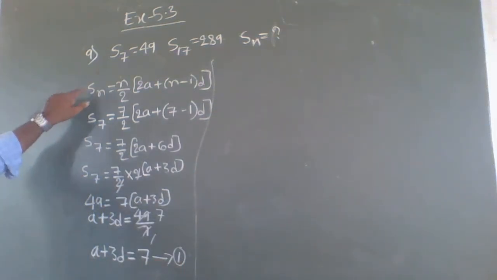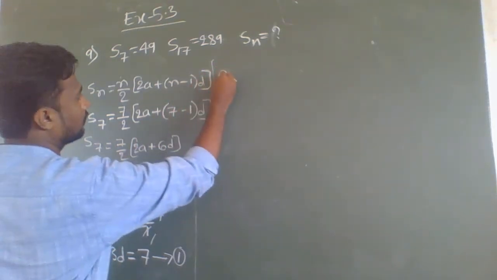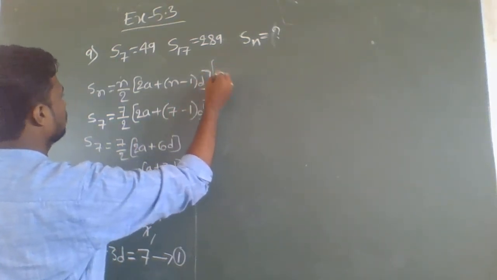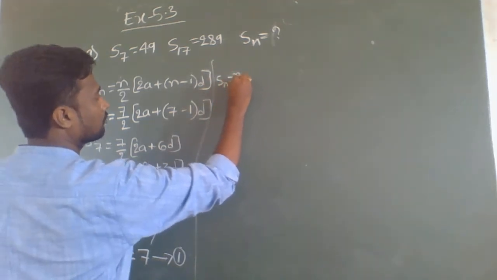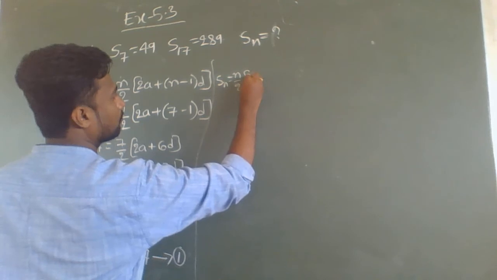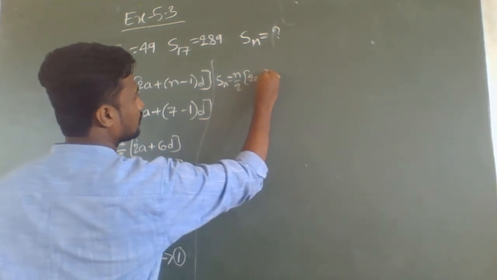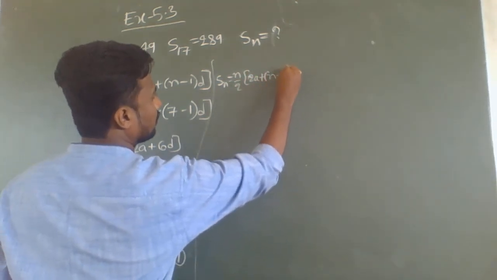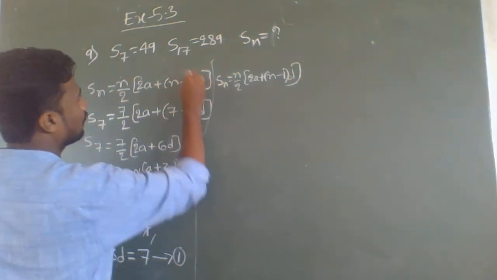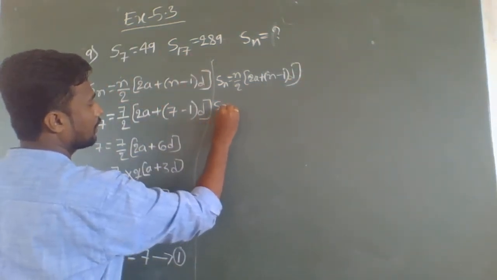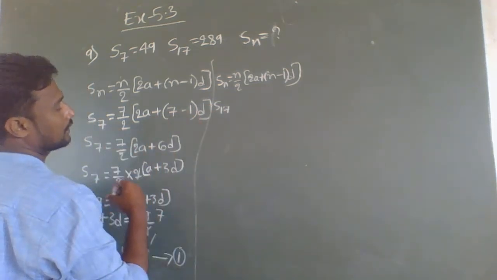So now I will calculate the Sn value with respect to the S17 value. Here I will consider Sn is equal to n by 2 into bracket 2a plus n minus 1 into d. I will consider this S17 as the Sn value.